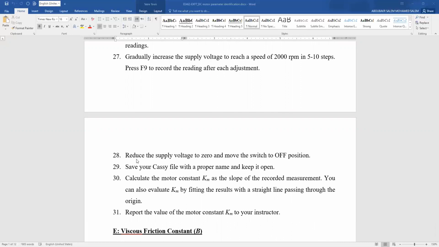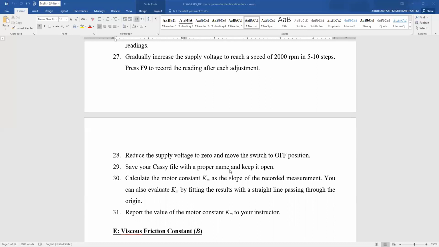After that, reduce the supply voltage to 0 and move the switch off. So after recording the curve from 1000 to 2000 RPM, we will disconnect the supply and return the supply knob to 0 again.